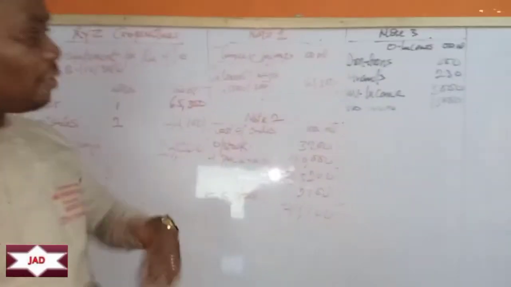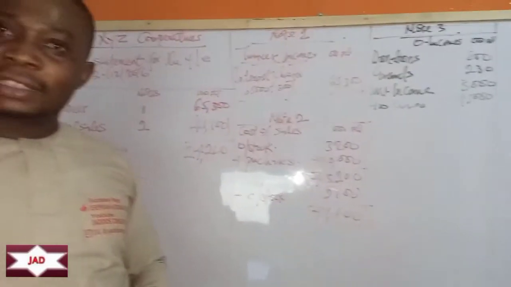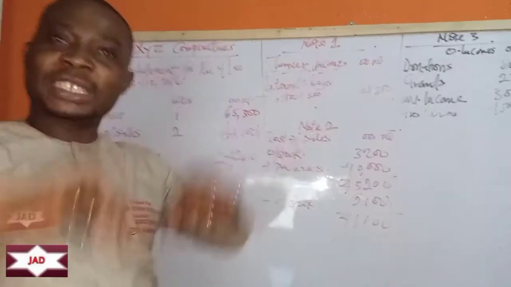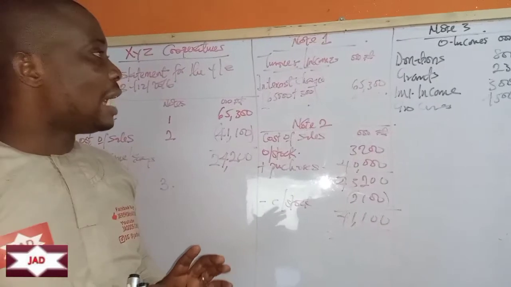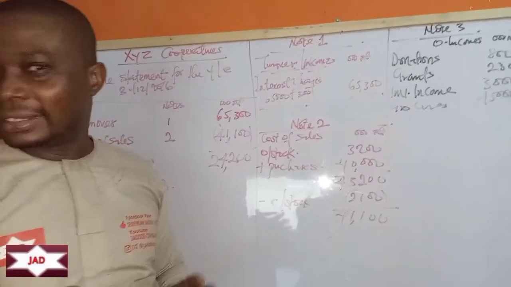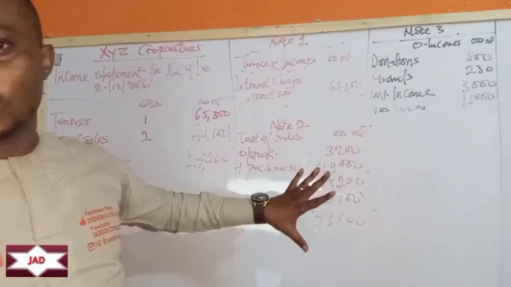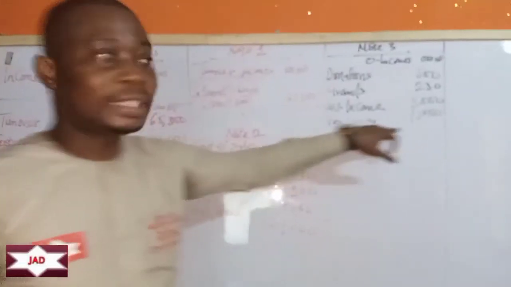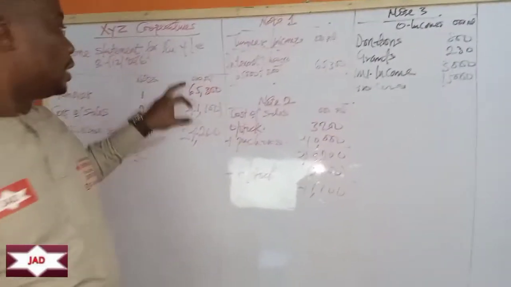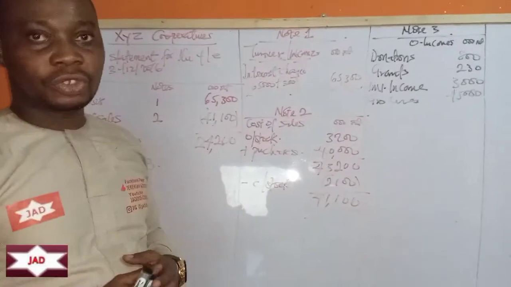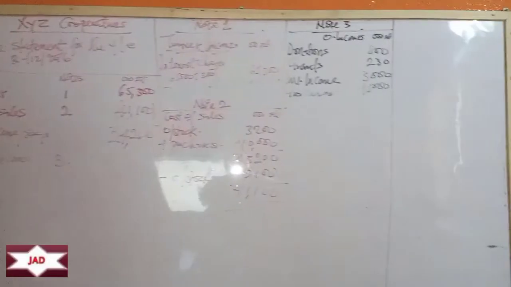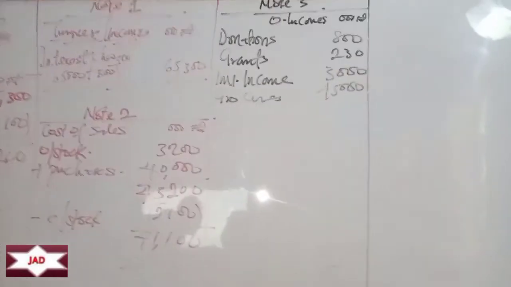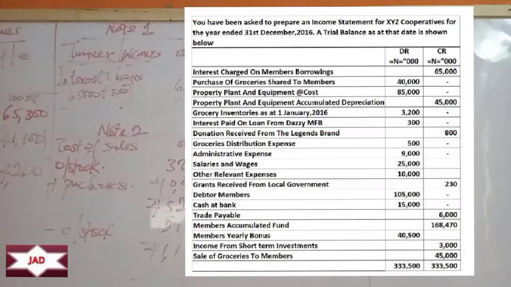But the reason I'm doing this is because the intent of the business is not around buying and selling. These are just other incomes. Cooperatives do different things to get money for the society. So let's proceed. That's it for sales of groceries.